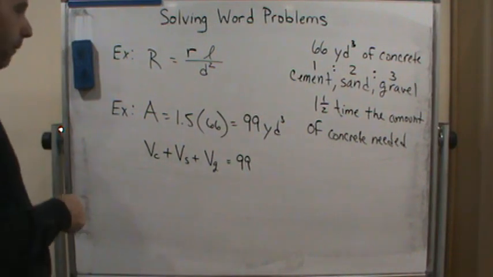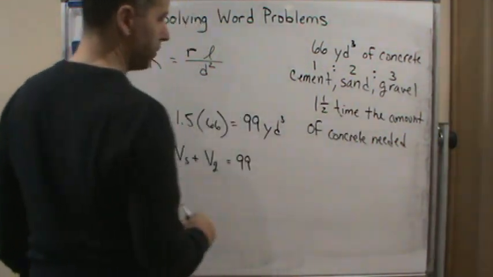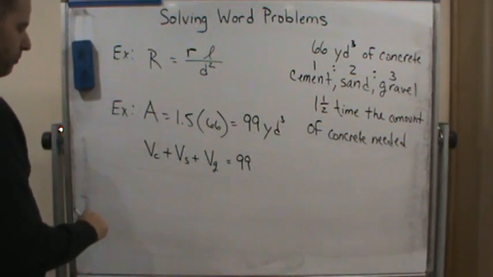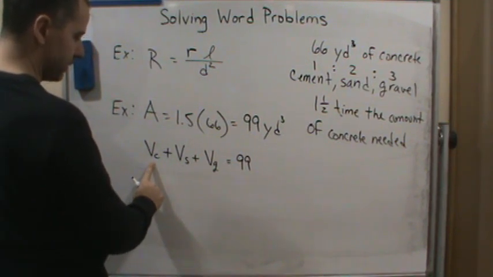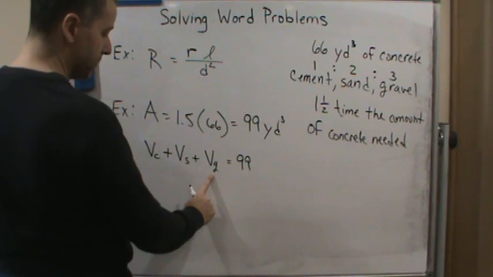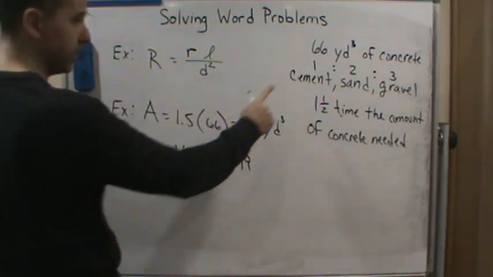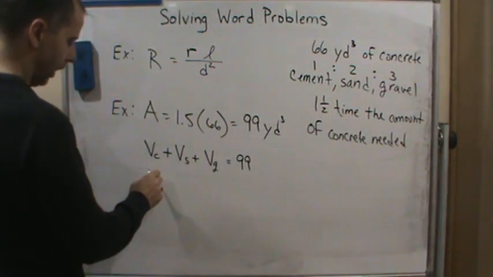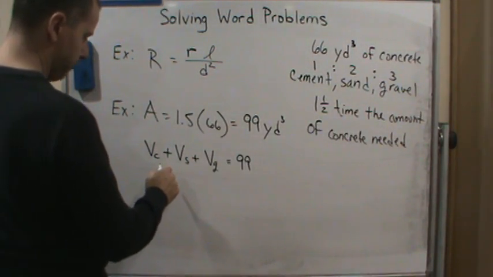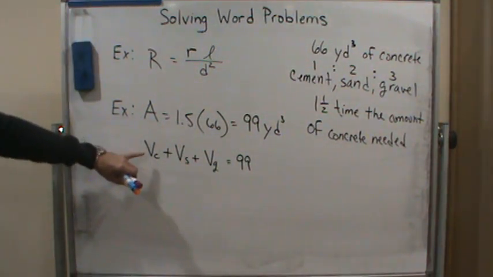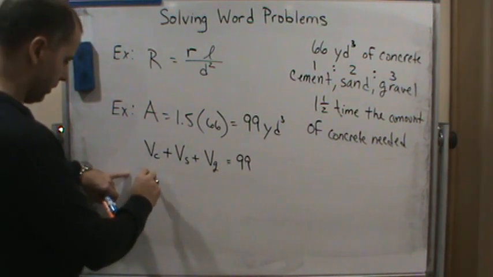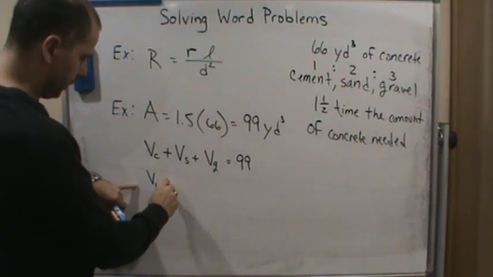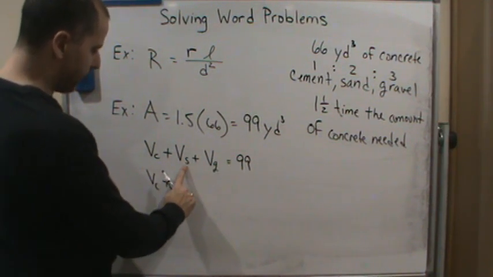Okay, great. Now, these ratios must also be included, which means that we should have twice as much sand as cement, and we should have 3 times as much gravel. So this ratio 1, 2, 3 tells us that if we put everything in terms of the volume of cement, then this is V sub C plus, well, if I have V sub C, how much sand do I need?